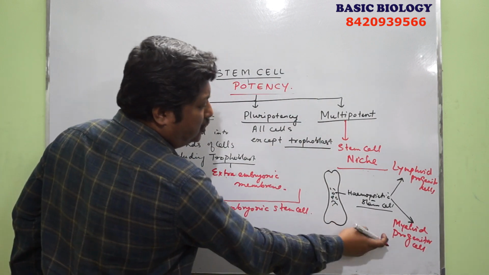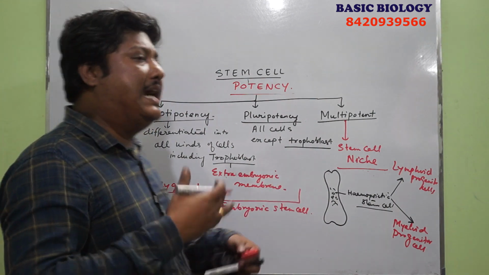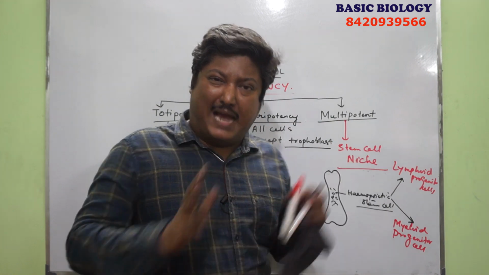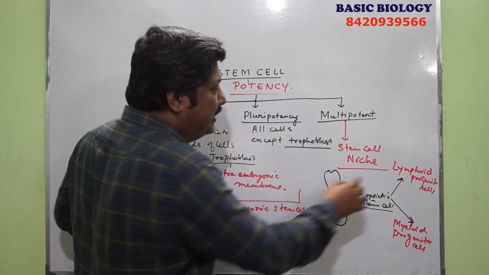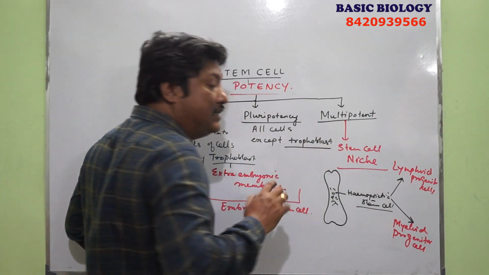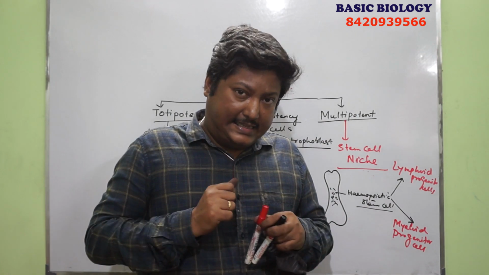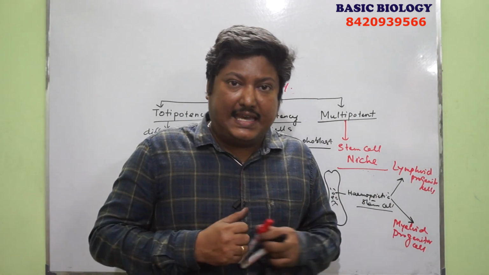Now the myeloid progenitor cells will give rise to different types of blood cells, that is RBC, WBC, neutrophils, platelets; all kinds of blood cells are from the myeloid progenitor cells. Whereas from the lymphoid progenitor cells, all the immune cells are produced, for example natural killer cell, B cell, T cell.